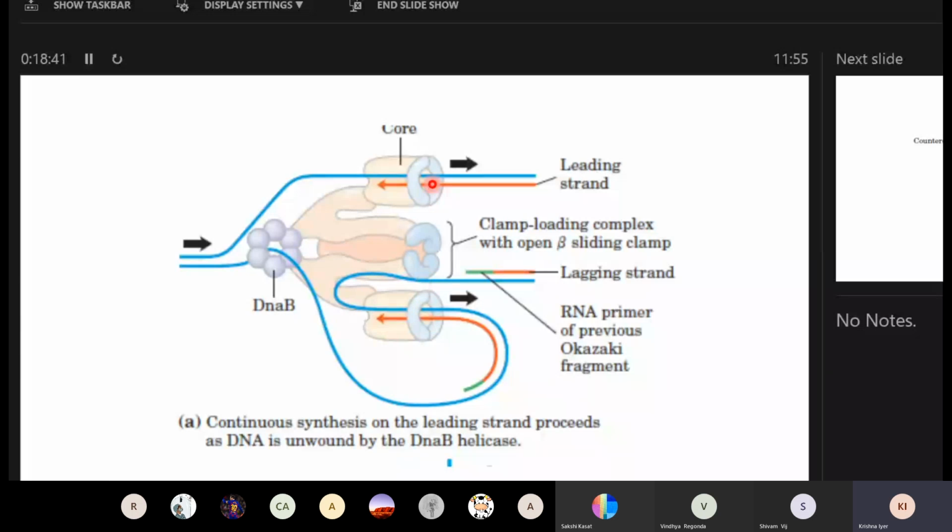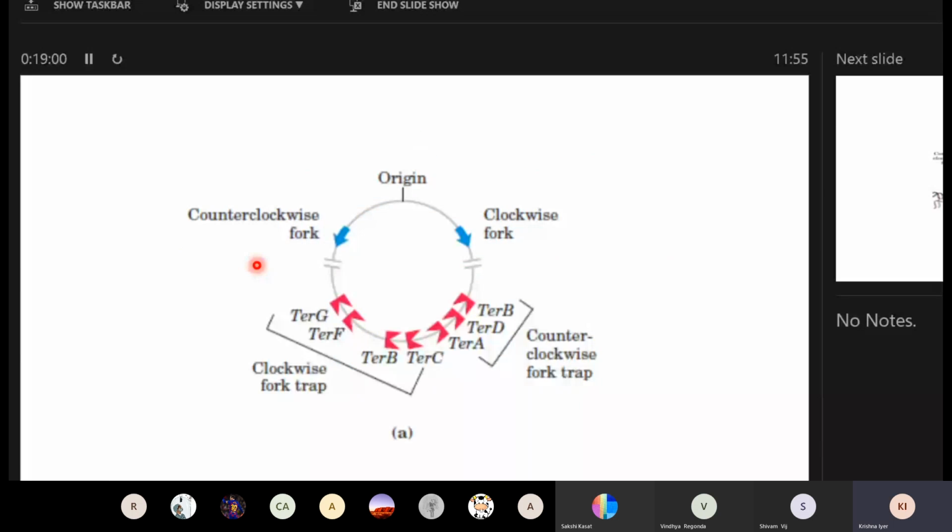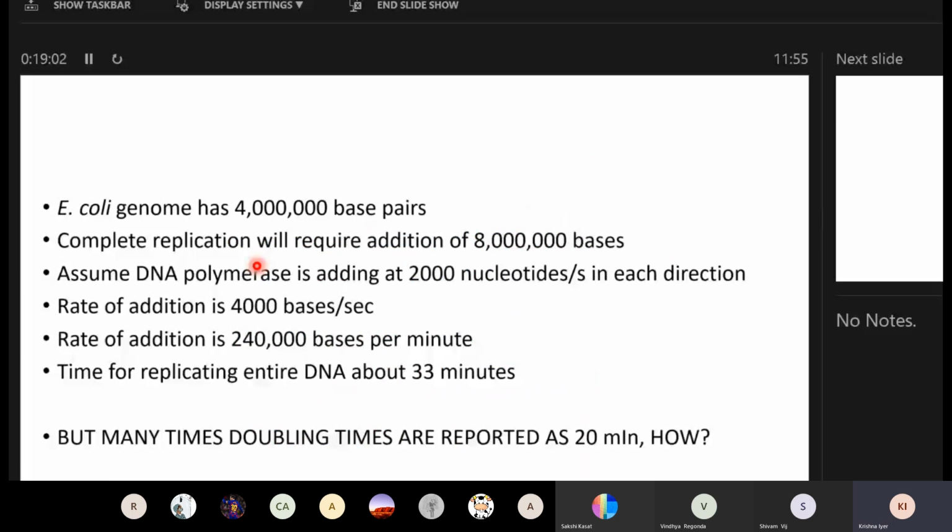It probably is not exactly right, because this one will add much faster than this one, because it has to stop and start. But just for argument, let us say both are adding at 1000, then in this direction I can add 2000 per second. In the same way, in the other direction also I can add 2000, correct?